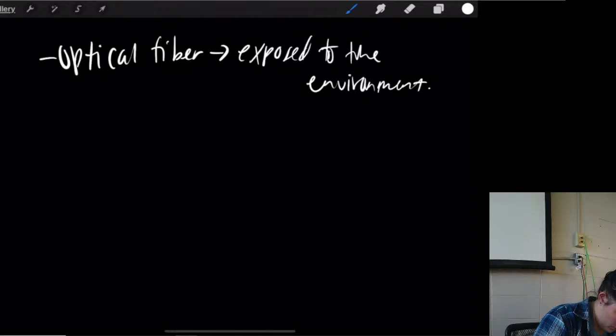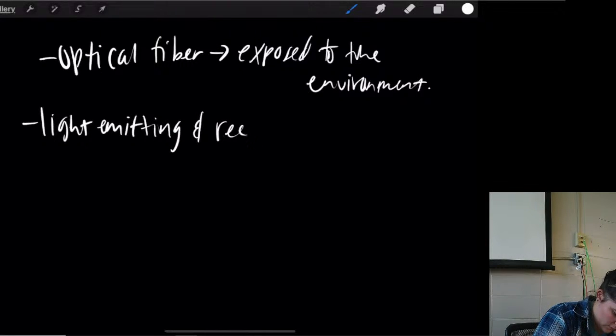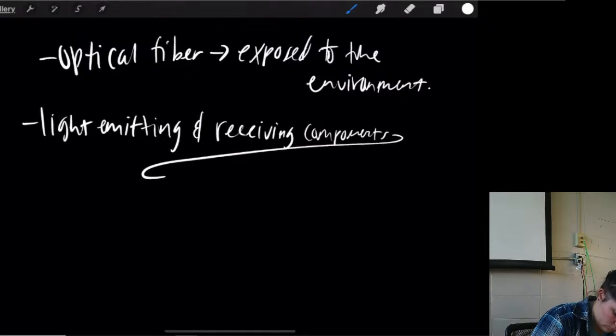So, the light emitting and receiving components are located remotely.